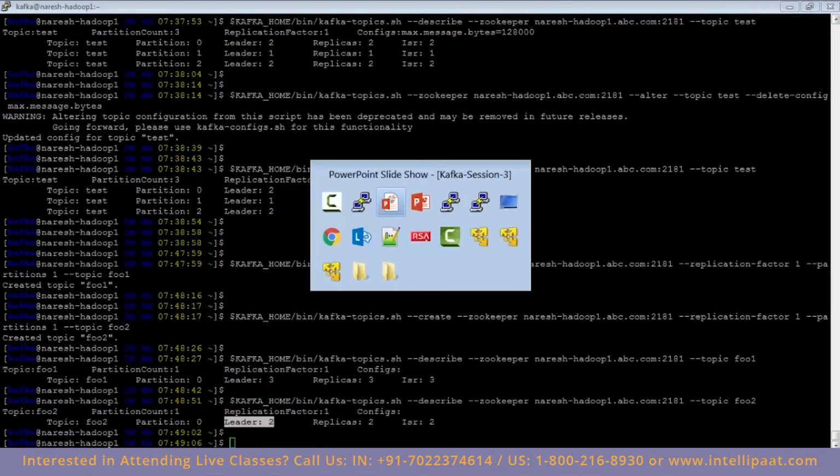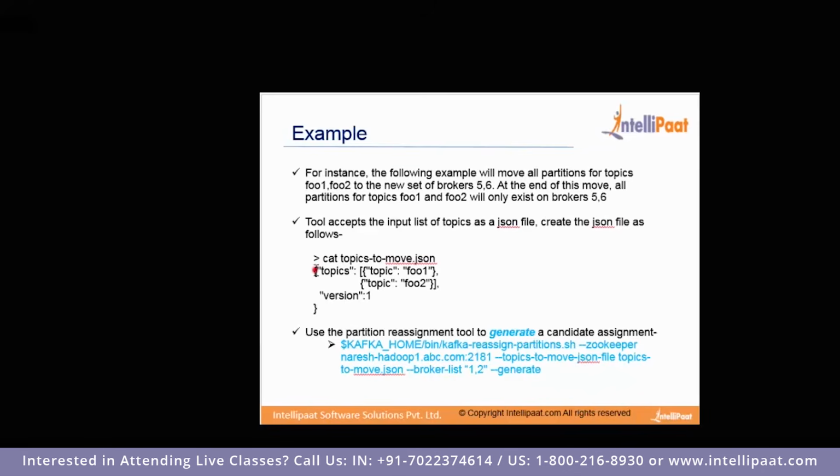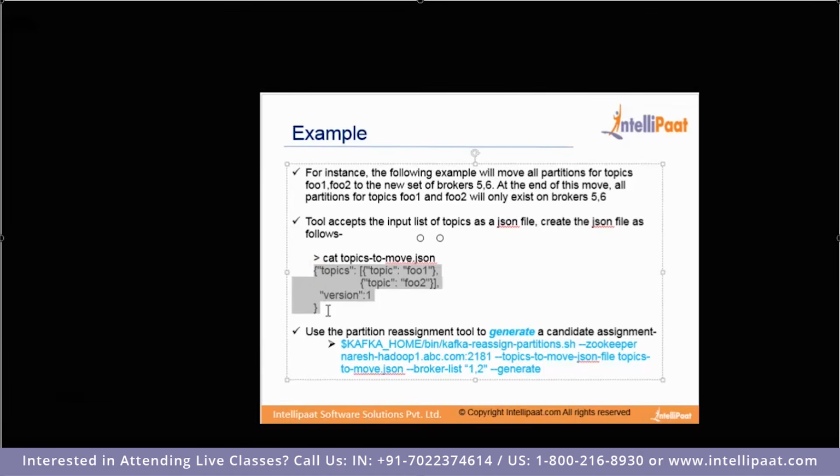Now first of all, we need to create a JSON file because this tool works on the JSON file only. In that JSON file, we will simply mention that I want to take action on these topics. Let us copy this JSON format from here. We will simply name this topics to move.